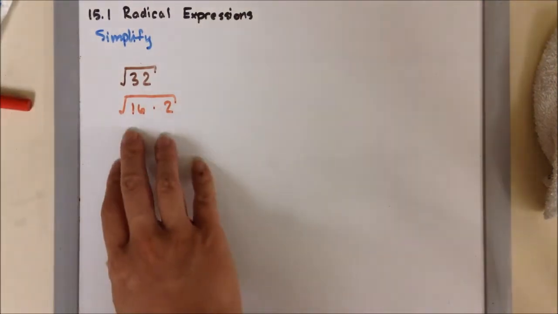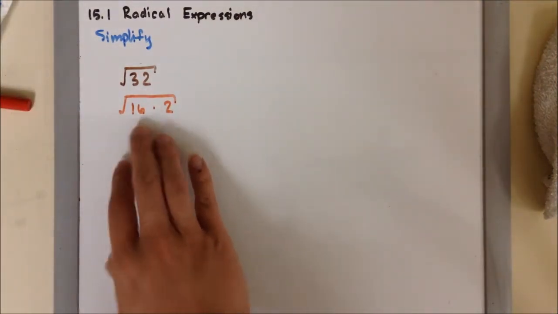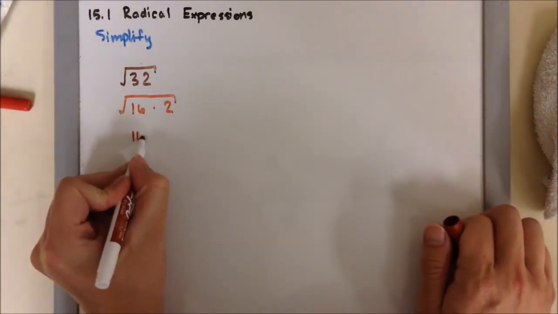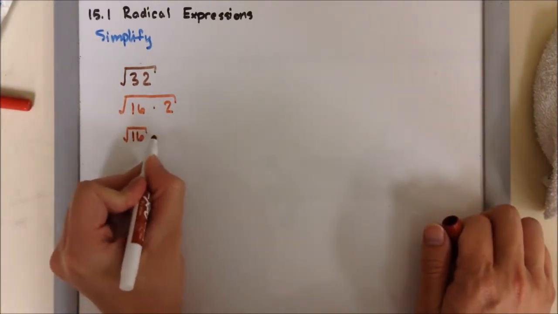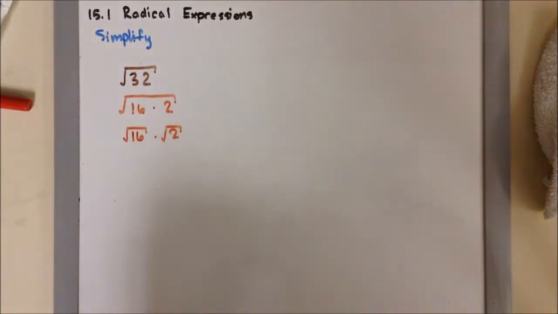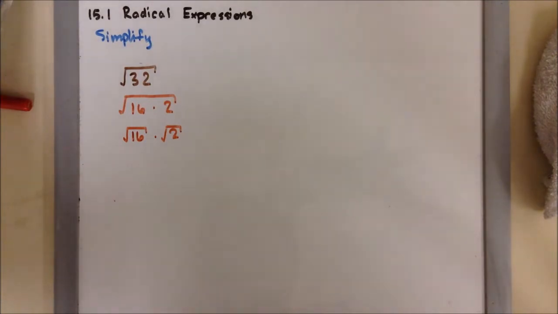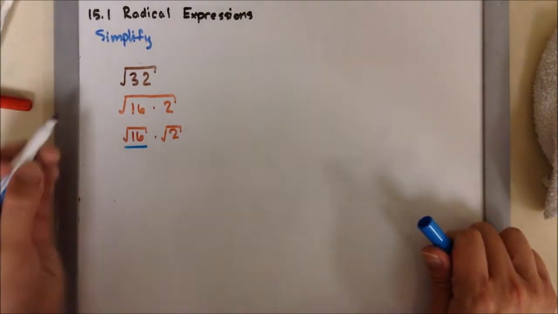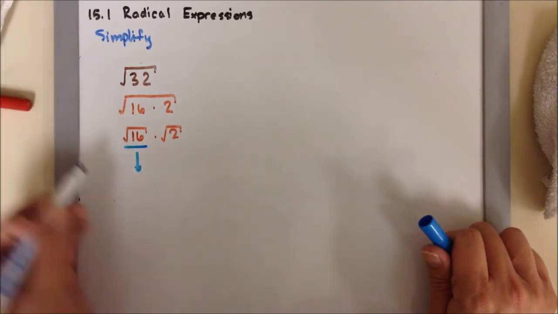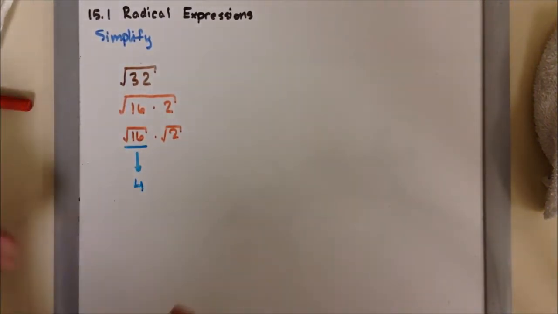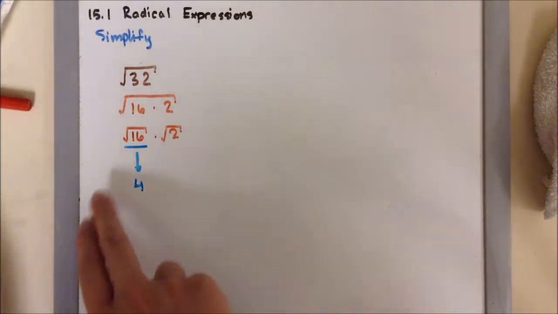Alright, so we're using 16 times 2. Since it's multiplying, we can split it into two square roots. So I'm going to have the square root of 16 times the square root of 2. The first one, 16, is a perfect square number, so the square root of 16 is just 4. And since we're simplifying, we don't have to worry about plus and minus.